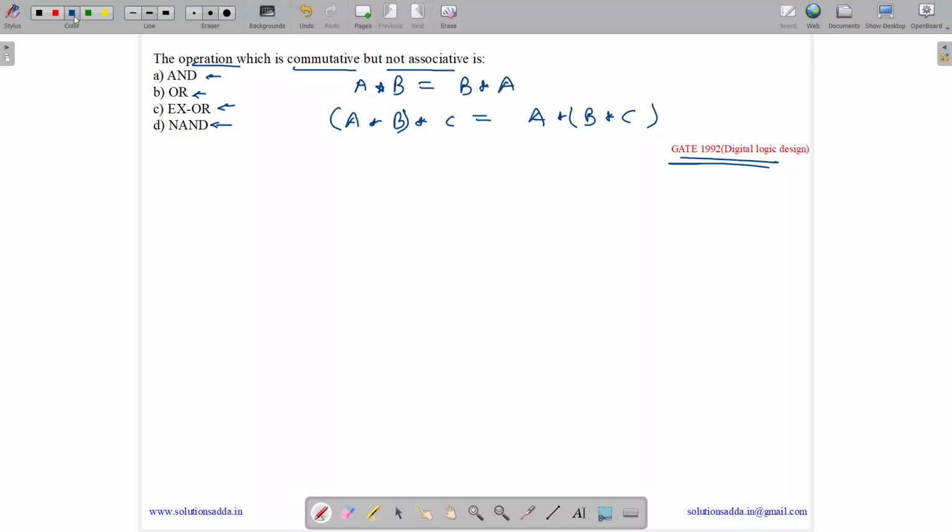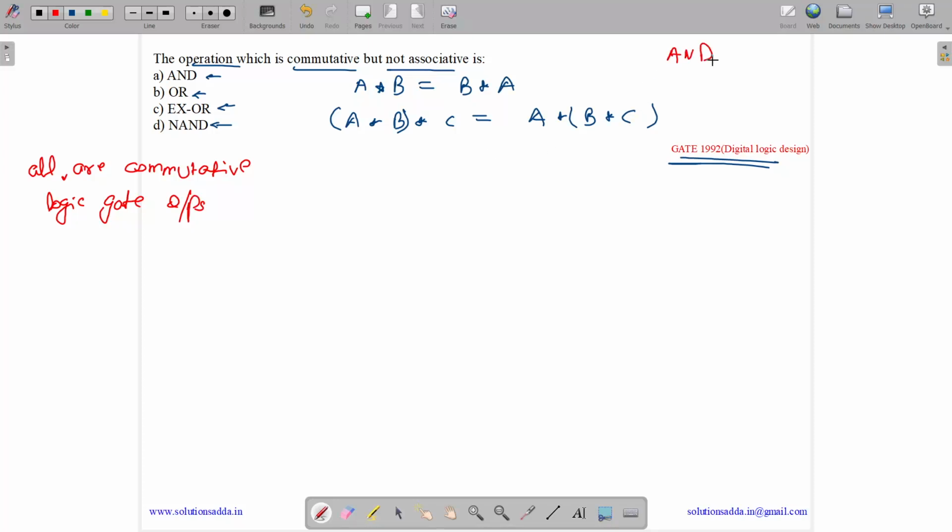So if you want a shortcut, then just remember that all the operations are commutative. All logic gate operations are commutative. Which means, what all operations do we have?